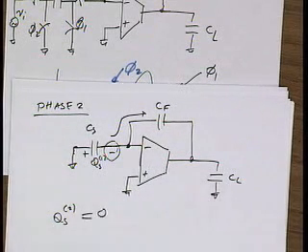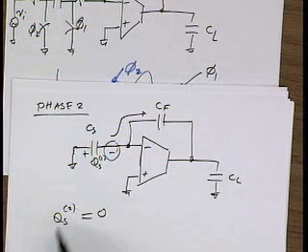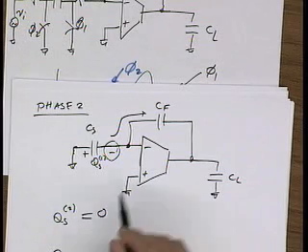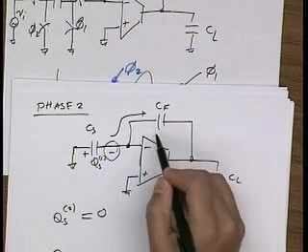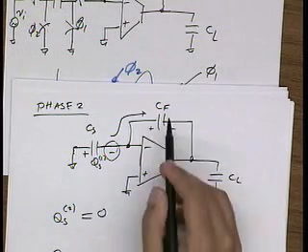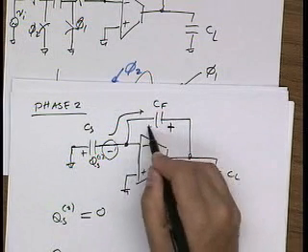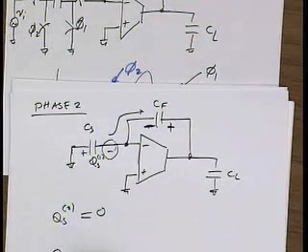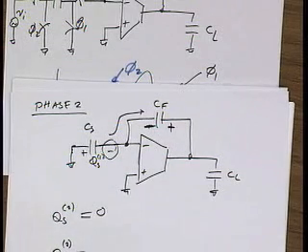So in fact, in phase 2, the charge on this sampling capacitor goes to 0, but it gets transferred, let me draw this in this direction, to the feedback capacitor.